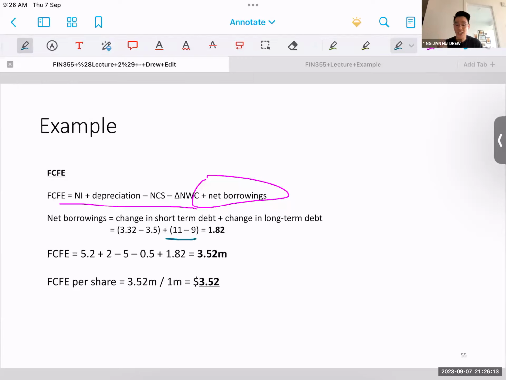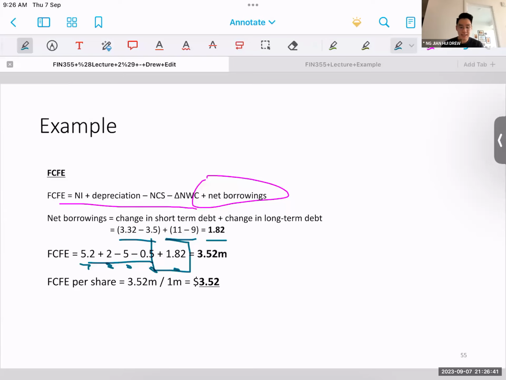Because there's more cash coming in because the debt has increased, meaning more cash in the company. But the short-term debt has been decreasing, meaning that we actually have to pay off. So at the end, the net borrowing is 1.82. We know all these figures already, right? From the balance sheet. So we just take this plus 1.82.